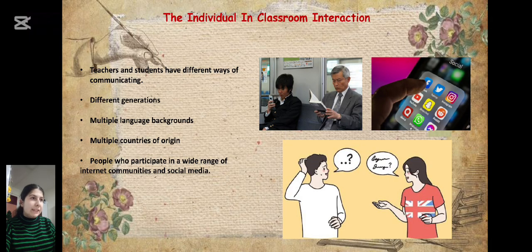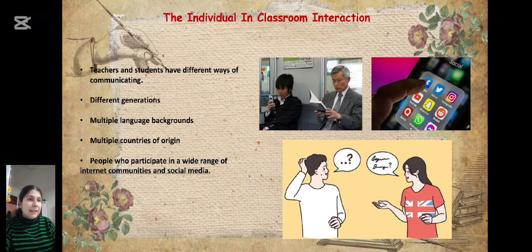The individual in classroom interaction. Teachers and students have different ways of communication. They are from different generations. They have multiple language backgrounds and multiple countries of origin. And also they participate in a wide range of internet communities and social media.